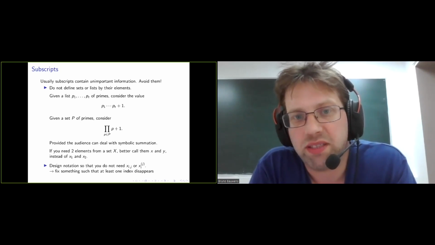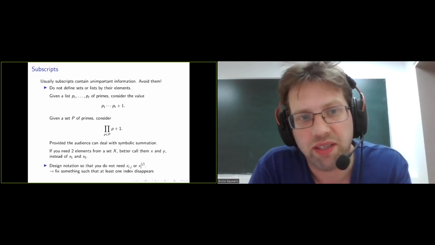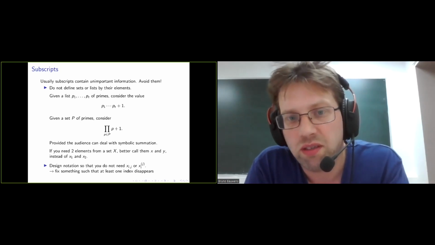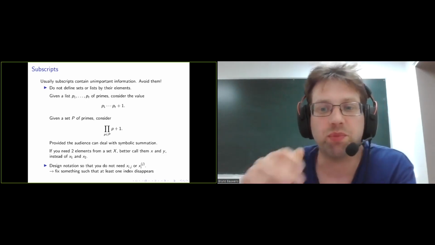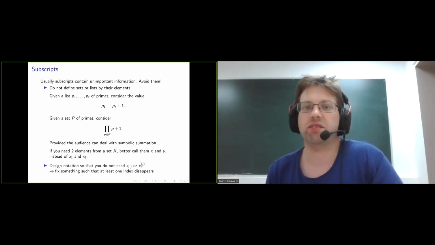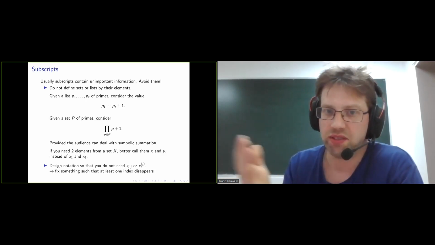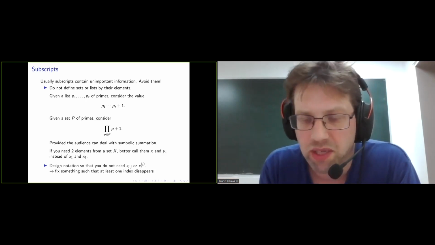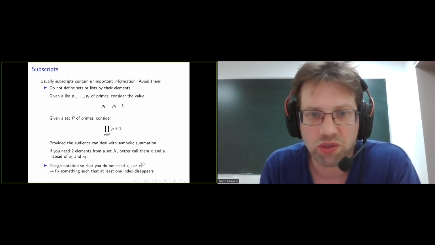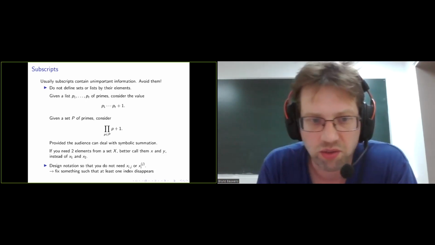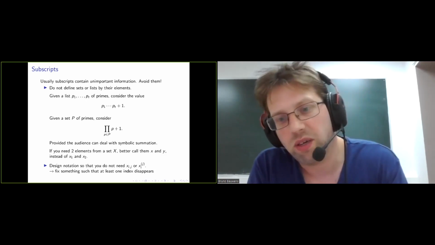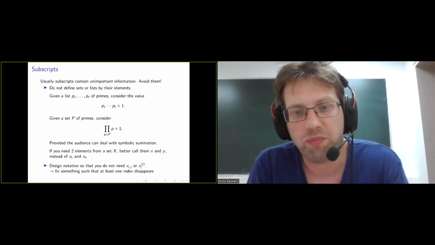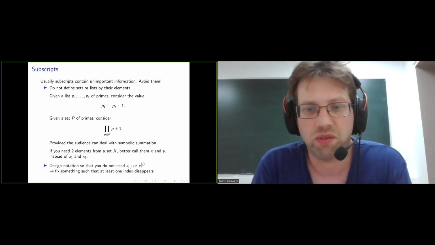We can suppress the subscript by just giving the set of primes a name, for example, capital P. But of course, disproving infinitely many primes is for high school students, so they don't know symbolic summation. For them, it's not a good solution, but in general, we can do it. So I would say if you want to make your paper ugly, use many subscripts.